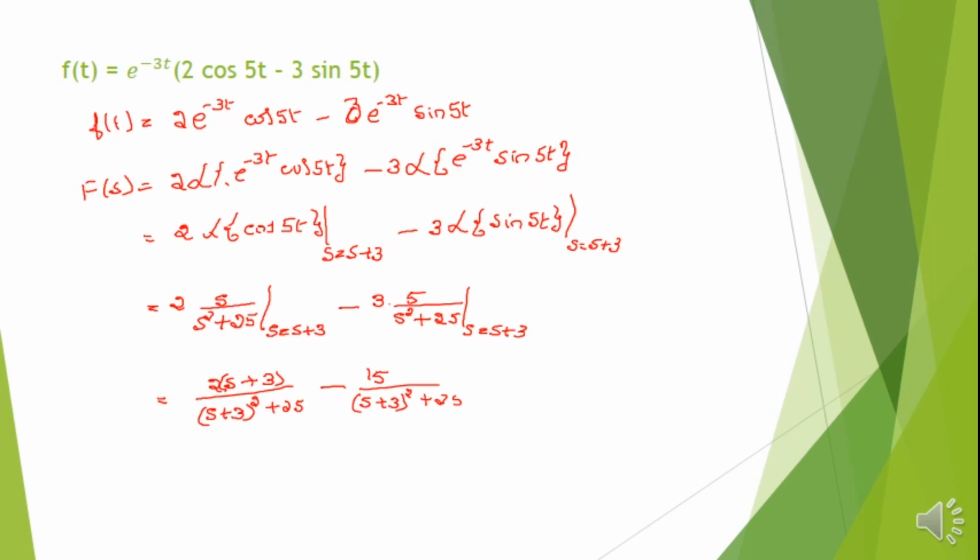The denominator is common: s square plus 6s plus 34, that is 9 plus 25.